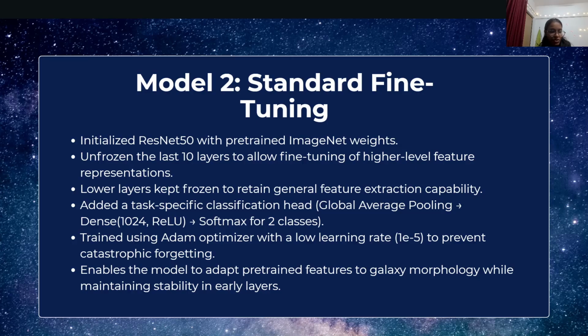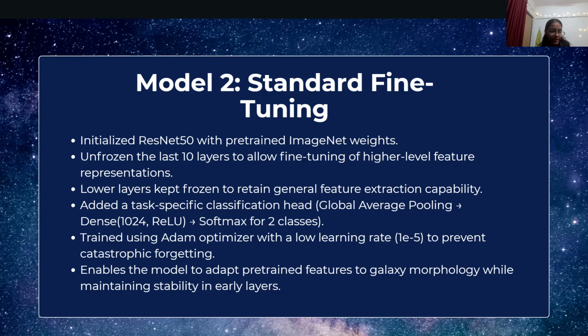For training, we have used the ADAM optimizer with a low learning rate of 10 to the power minus 5, which ensures smooth and stable updates without destroying the pre-trained knowledge, a problem known as catastrophic forgetting.